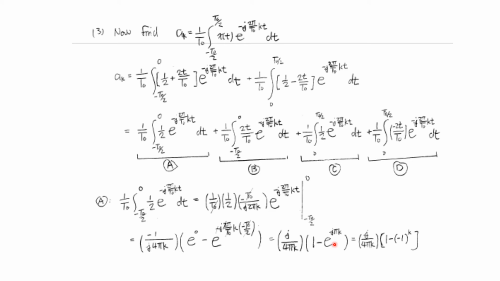Now this is a trick that you'll be using a few times throughout this class, but remember, e to the j pi is what? It's -1. So you can simplify this as negative 1 to the power of k. So now we're left with this slightly simplified expression for part A.